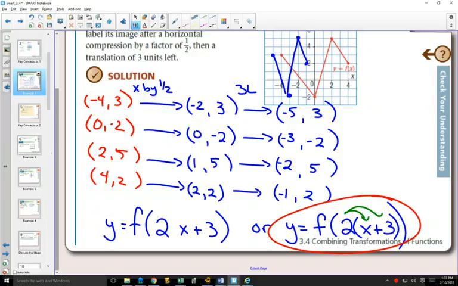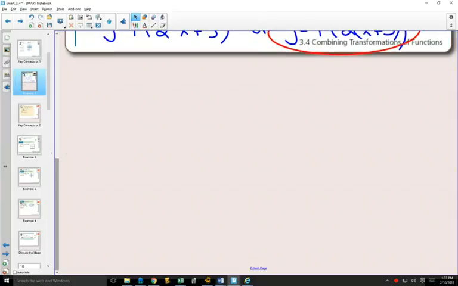Now, we're going to write a special note at the bottom of this page. So even title it Special Note.